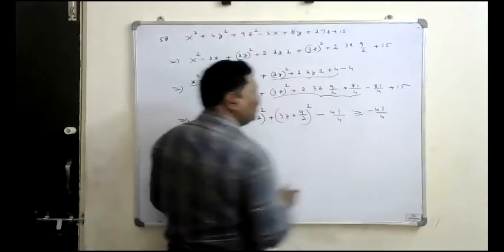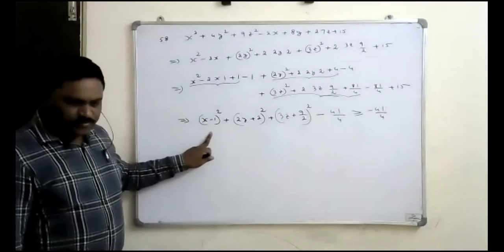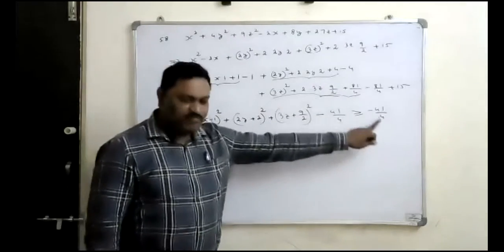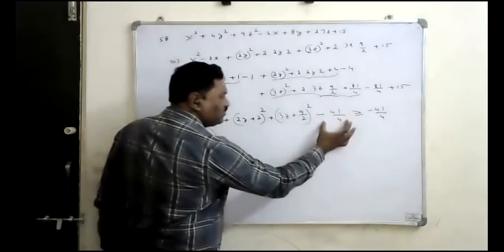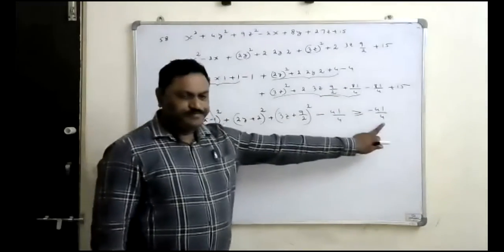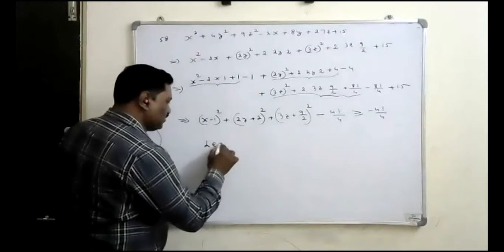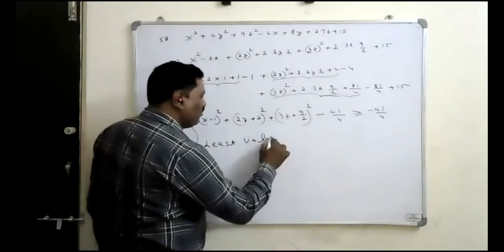Because if all these three are 0, then this total value becomes minus 41 by 4 also. That's why this total value gives either minus 41 by 4 or more than that. That's why the least value is equal to minus 41 by 4.